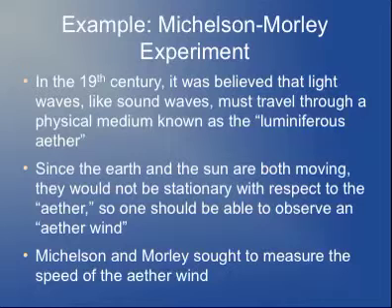So Michelson and Morley were trying to measure the speed of this ether wind by measuring the speed of light very precisely in a number of different directions, hoping that it would be slightly different depending on the direction that they measured it.